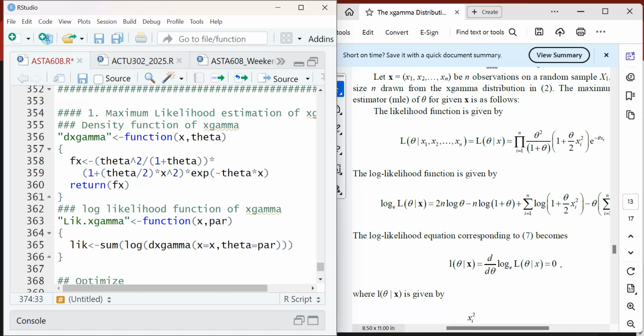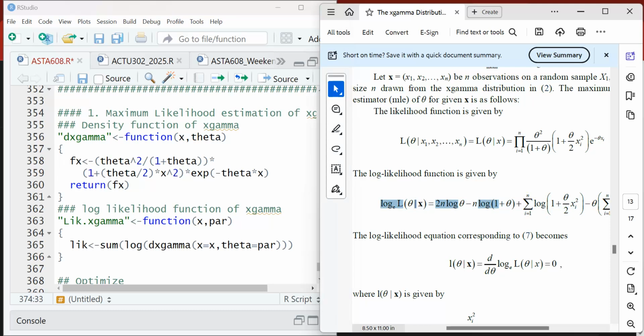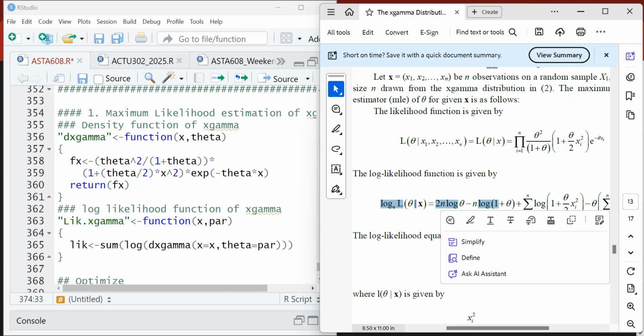So for the maximum likelihood estimation, we have the density function written. We have the likelihood gamma. What I'm saying is that instead of writing this, we could have also written the log likelihood function through this, right? Do you understand that each of them we should get the same thing? But usually it's easier if you go through this step. If we are writing the likelihood function, we have to write 2 times the length times log this minus 2n log 1 plus theta plus.